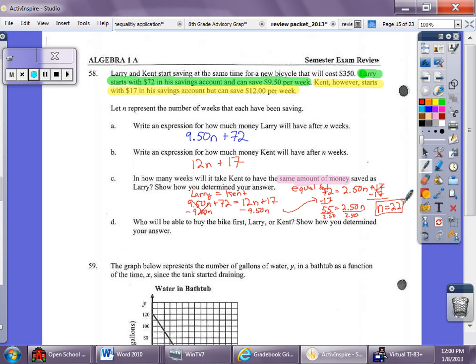Who will be able to buy the bike first, Larry or Kent? Show how you determined your answer. Well, we can see how long it will take each person. If we start with Larry, 9.50n plus 72 equals 350, the cost of the bike.